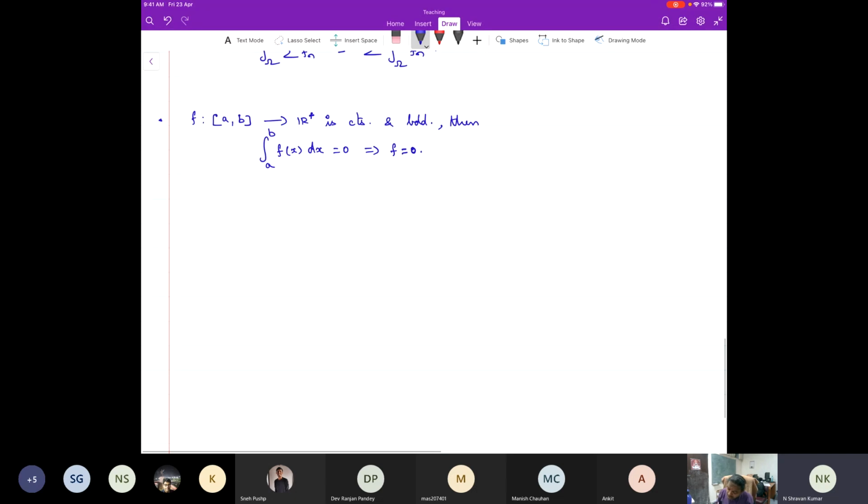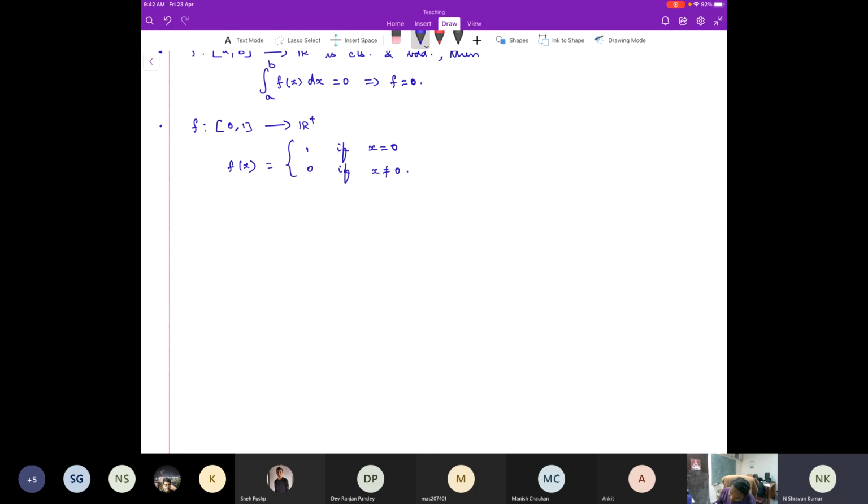This is one of the standard results of Riemann integration that we did. All right. Now let's look at this one. We in fact saw an example of a function which is bounded but not continuous. This is again part of the theory of Riemann integration. f(x) is 1 if x is 0, and 0 if x is non-zero.